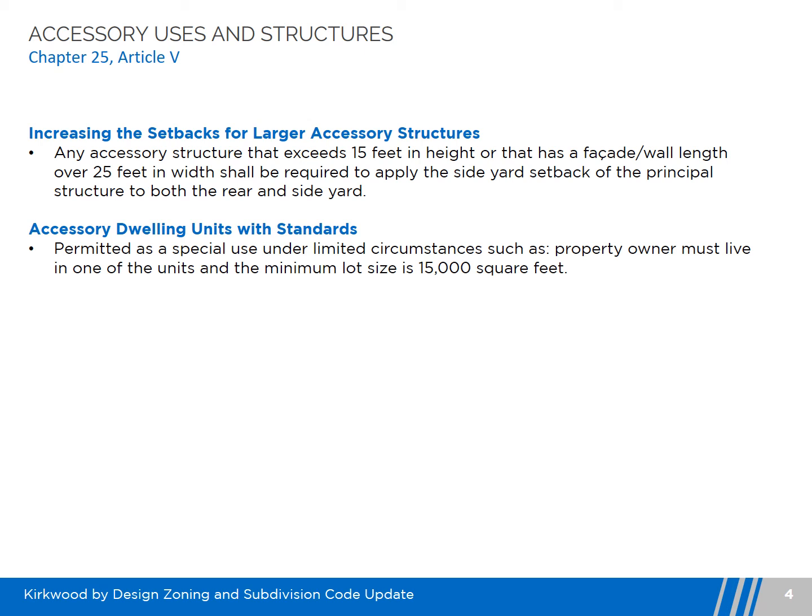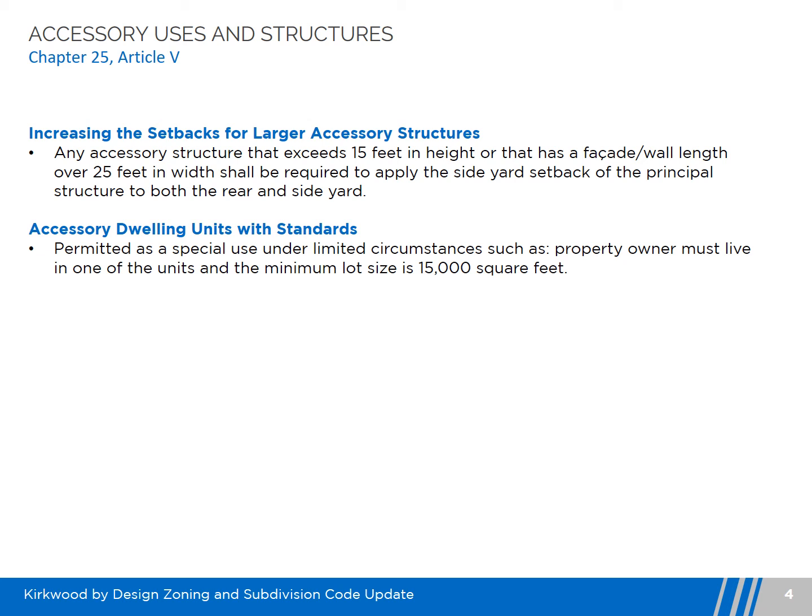The property owner would have to live in one of the units, so there's an owner occupancy requirement. The maximum size of the individual dwelling unit building would be 750 square feet, and no matter what, if it's in a separate building, it would have to meet the setbacks of the principal structure.